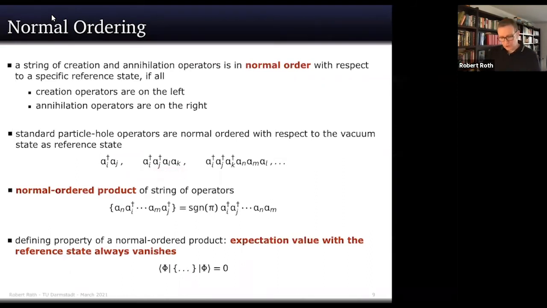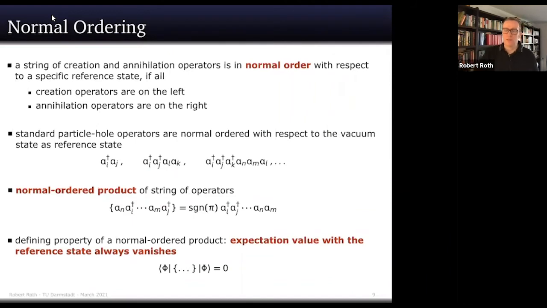In very superficial terms, you define normal order to be that the creation operators are on the left, all of them, and the annihilation operators are on the right, all of them. So these little particle-hole type structures that we've used before are in normal order because all the creation operators are on the left and all the annihilation operators on the right. They're in normal order with respect to the vacuum state. And this is how we use them.